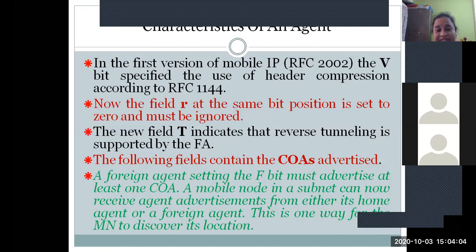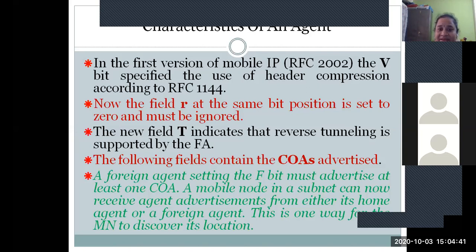Okay. And next one is the COAs. COA 1 and COA 2 are already there in the extension part of the advertising message. A foreign agent setting the F bit must advertise at least one COA. That is, if it is acting as a foreign agent, it has to advertise at least one COA. Then the mobile node receives the agent advertisements from either its home or a foreign agent.